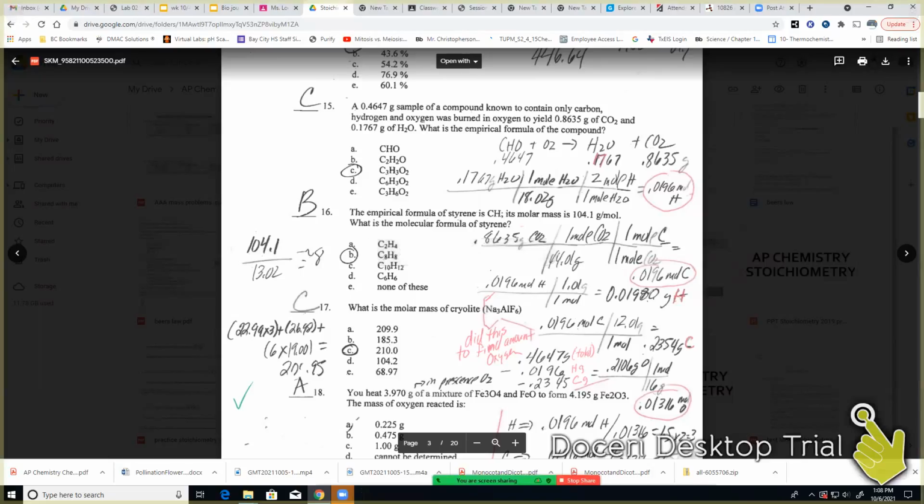Remember, no matter how you do it, if you're trying to find the empirical formula, you need to find out how many moles you have of each element, so then you can compare that. So that's what I was doing here. I was finding out how many moles I had of hydrogen and how many moles I had of carbon, because I knew my total amount of water and my total amount of CO2.